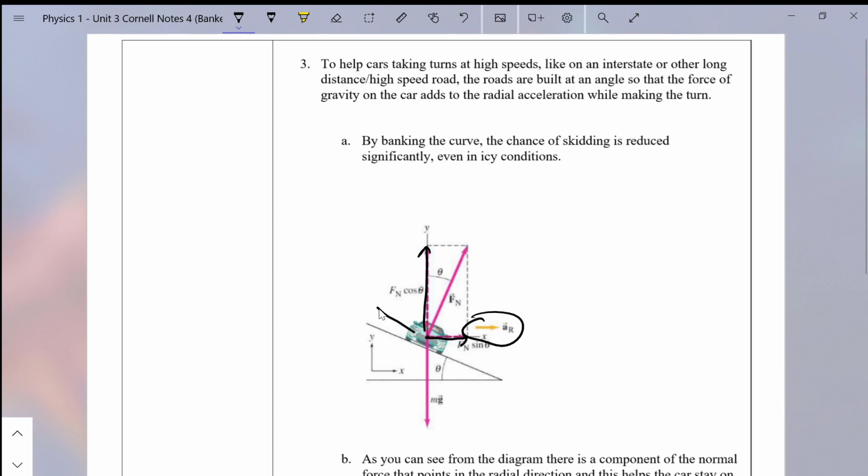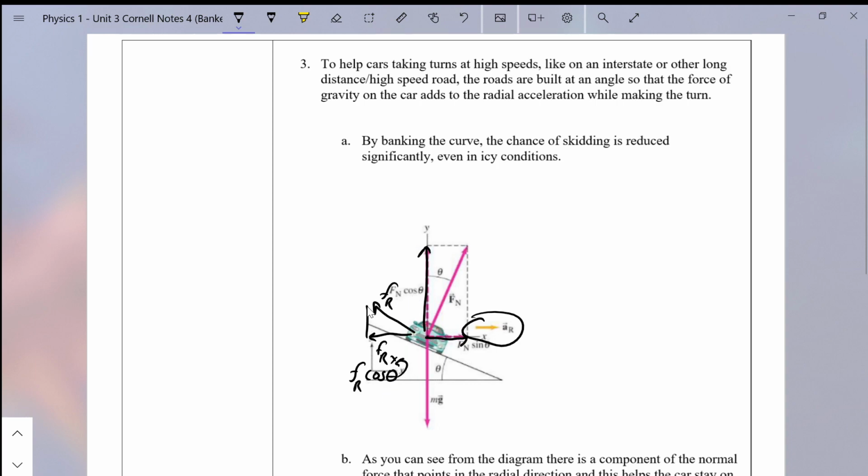We could also have a friction force here as well. This would be Fr, the rolling friction, and its x component would be Fr times cosine theta, equal to Frx.